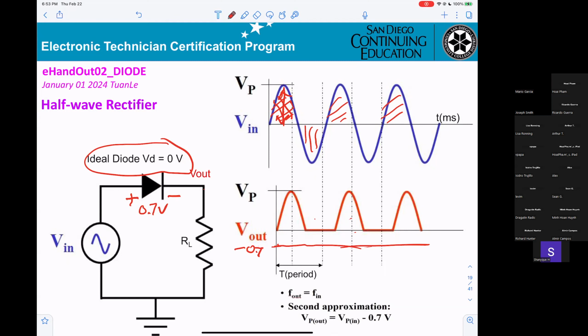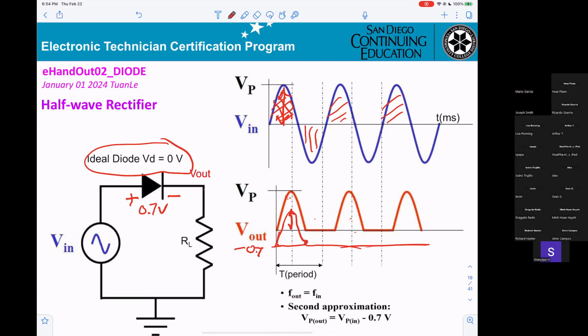So this signal here has to be going down, it has to go this way. Okay? So V peak now will be here.